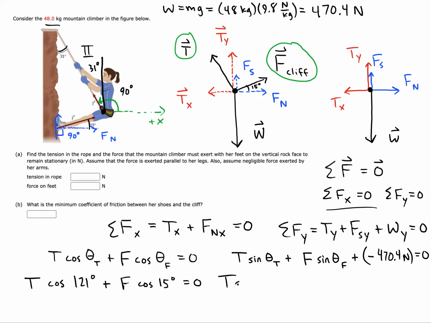Alright, then we'll fill out the rest. Great, now we've got it down to 2 equations and 2 unknowns. So it should be solvable. I'll plug it into an online system of equations solver.